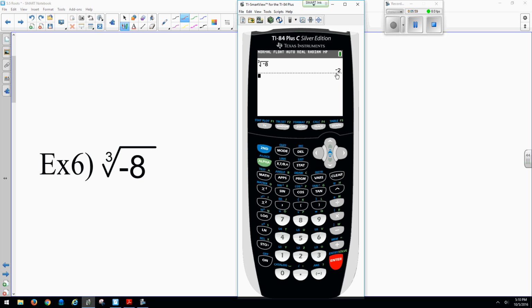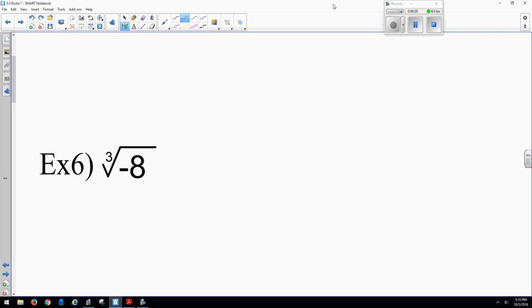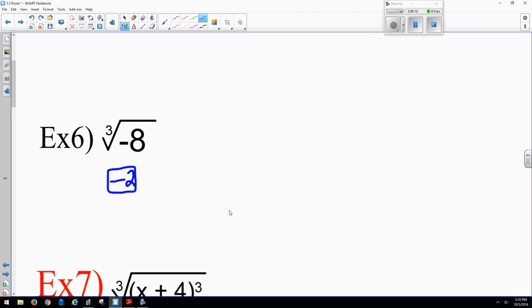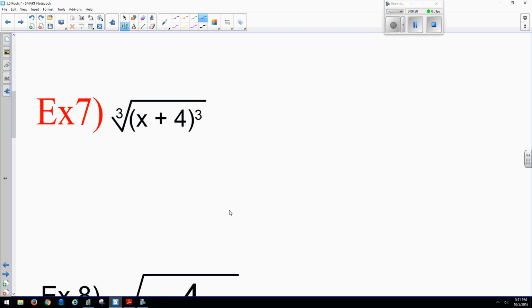And that's because negative 2 times negative 2 times negative 2 is negative 8. So we can take the cubed root of a negative number and still get a real solution. So the answer here would be negative 2. Go ahead and try number 7 on your own.